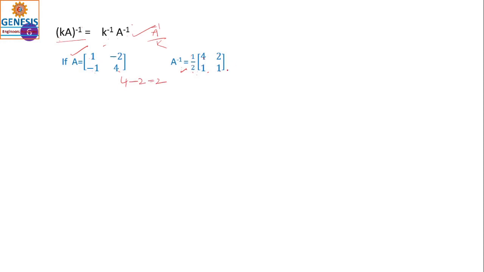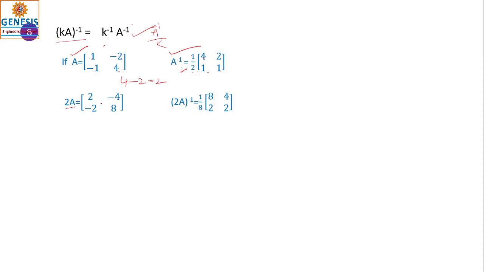So this is A inverse and 2A. This K is 2. So this is 2A inverse.